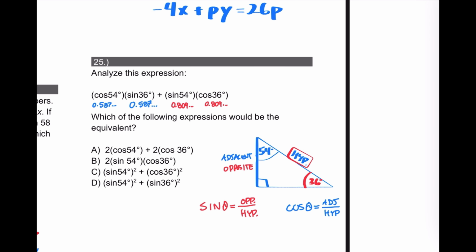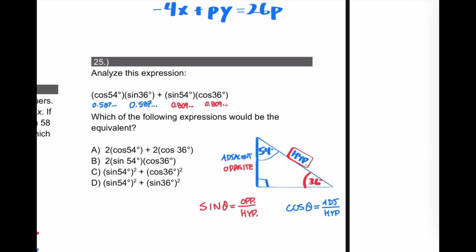It's an irrational number. And then you'll notice that when you punch in the sine of 36, you actually get the exact same value. Same thing with the other side. You get 0.809 and a whole bunch of numbers. So you'll notice each of those is actually the same value.